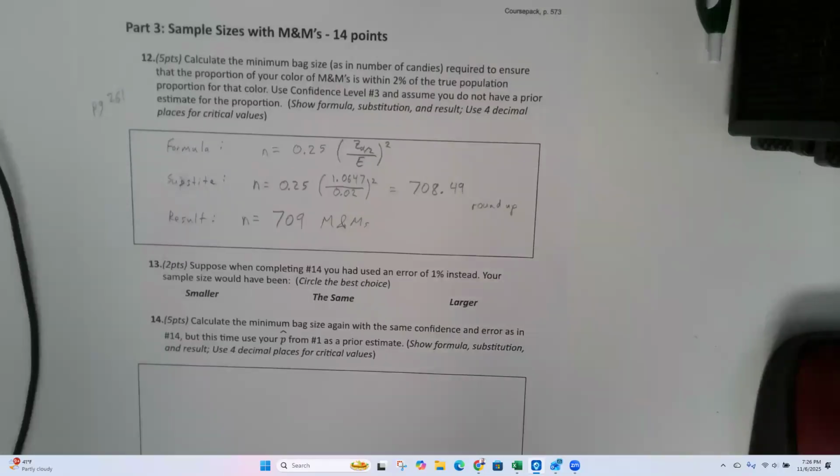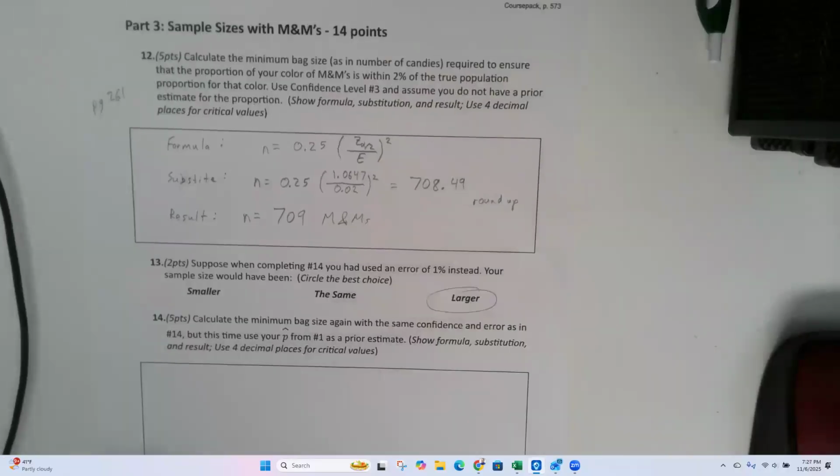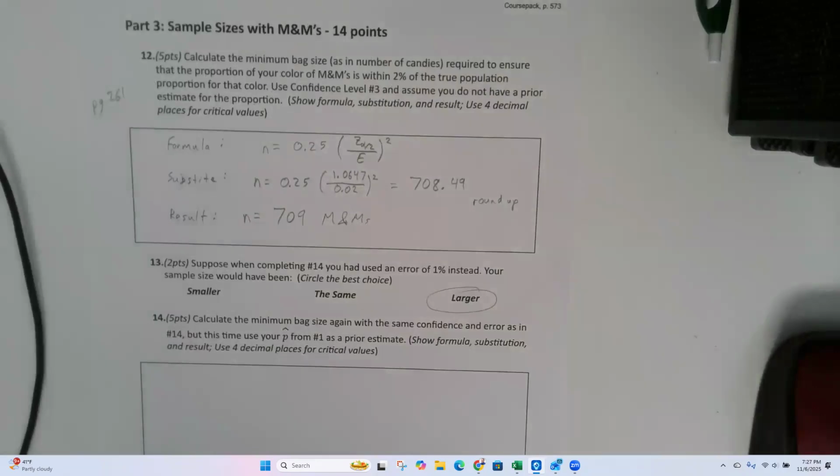I need to be more accurate. Okay. So that means I need a larger sample size. A 1% error rate is much more accurate than a 2% error rate. Okay. So larger sample size can be more accurate. All right.